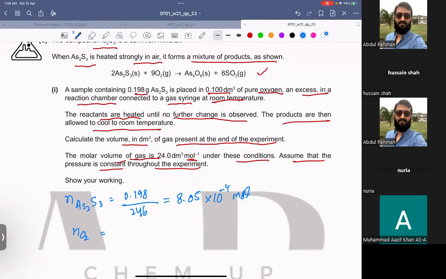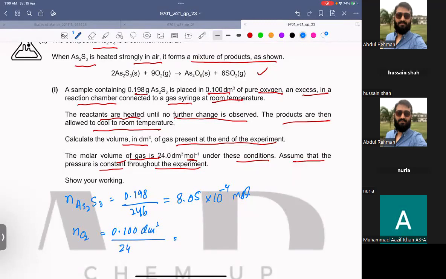Sir, it will come from the ratio method, right? Yeah, or otherwise we have its volume, so we just divide it by 24, because see, the volume of oxygen gas is provided. Sir, can't we compare the moles of As2S3 and SO2, taking 2:6?